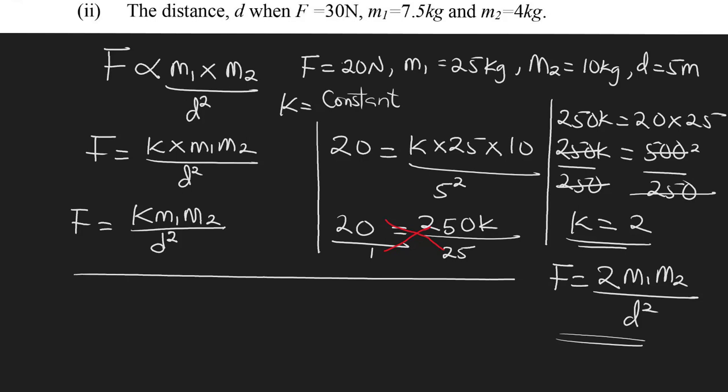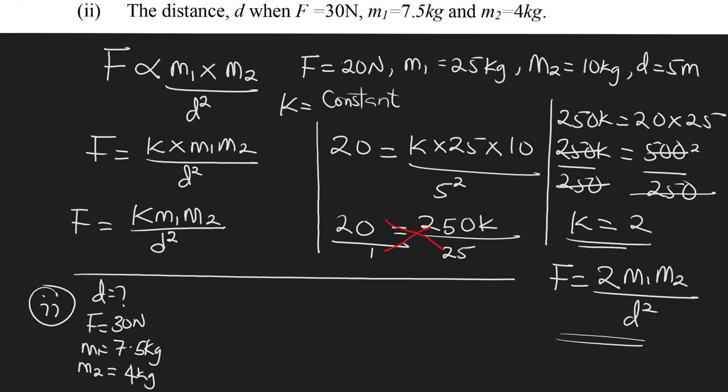So Roman numeral II says find the distance d. We don't know it. When the force in this case has been given as 30 Newton and M1 is given as 7.5 kg and M2 is now 4 kg.